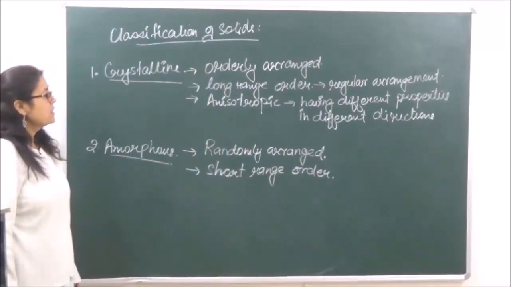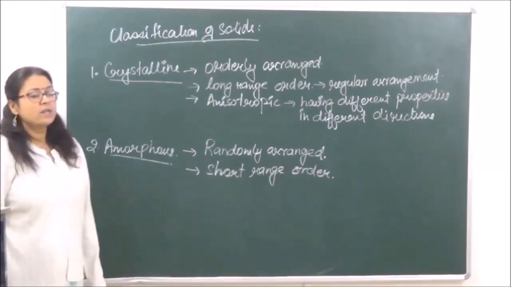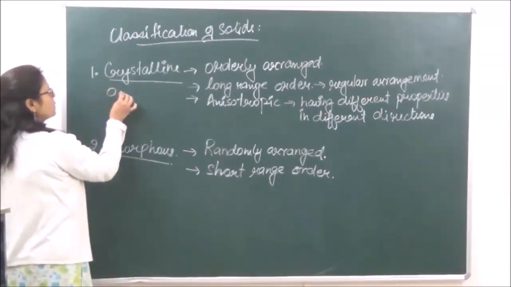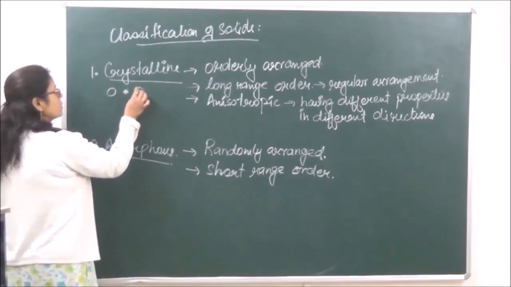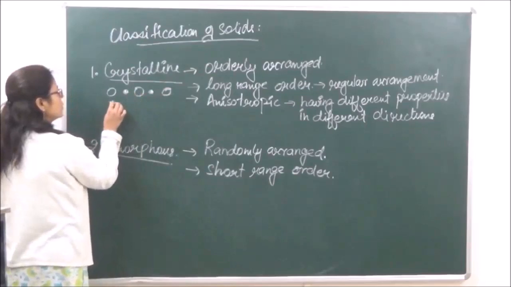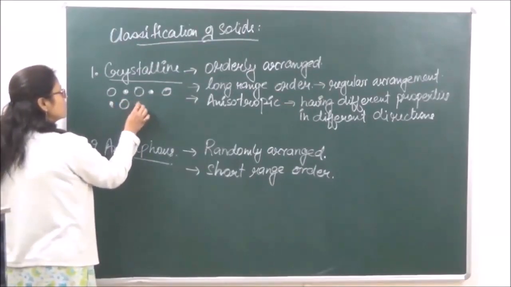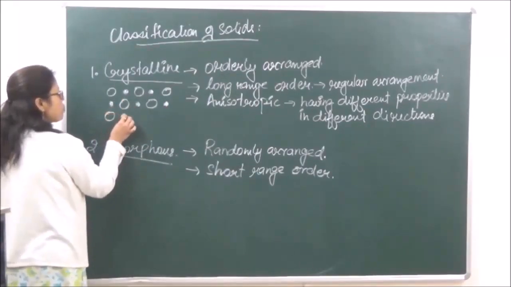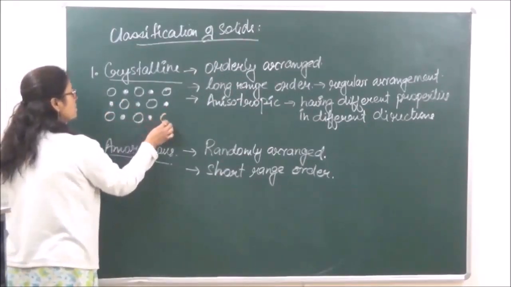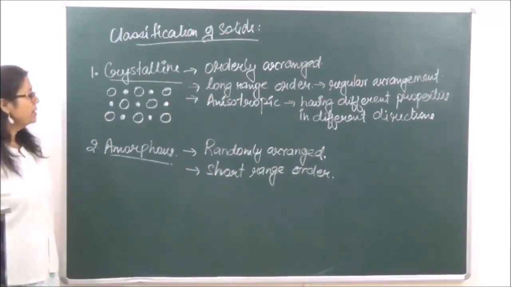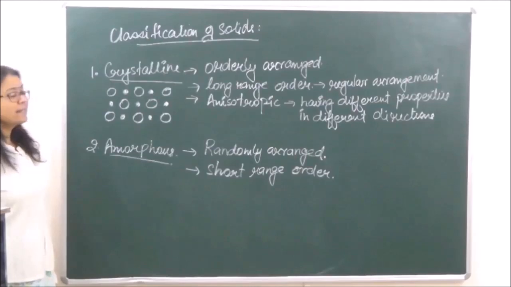What does this mean? That whenever we are doing a crystalline substance, let's just illustrate it. So we are saying that this is a crystalline solid in which the same pattern is repeating, so therefore it has a long range order.